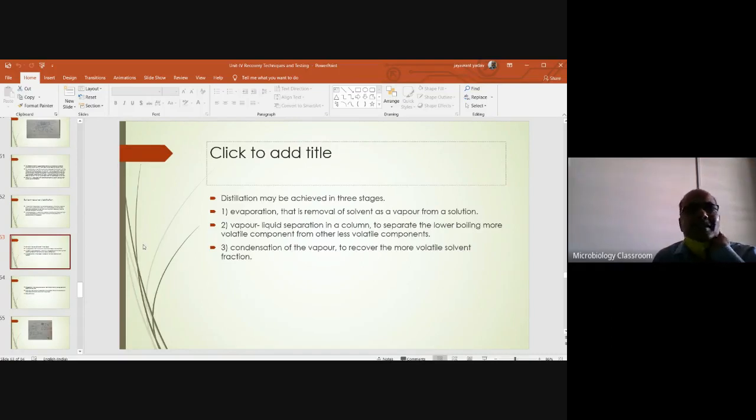Then the next one is vapor liquid separation in a column, to separate the lower boiling and more volatile component from other less volatile components. And the third one is the condensation of the vapor to recover the more volatile solvent fraction.